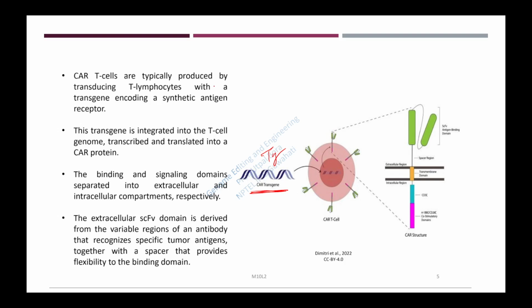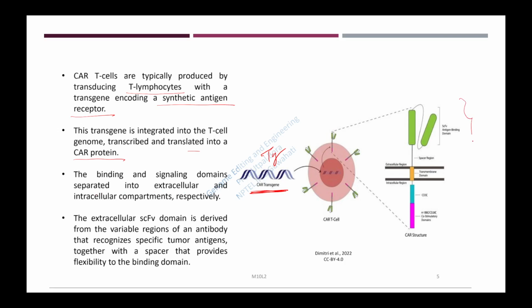So CAR T cells are typically produced by transducing T lymphocytes with the transgene encoding a synthetic antigen receptor, which is a chimeric antigen. So this transgene is integrated into the T cell genome, transcribed and translated into a CAR protein. So the binding and signaling domains are separated into extracellular and intracellular compartments.